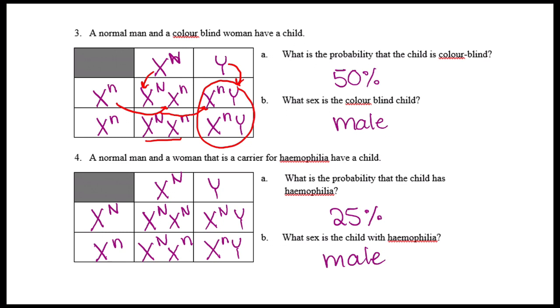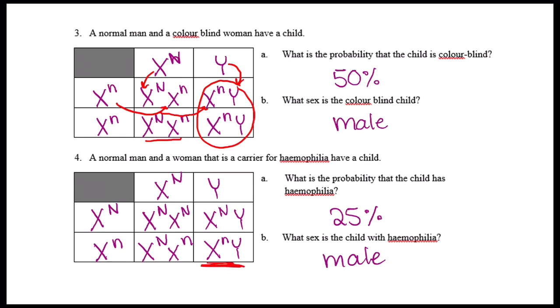A normal man and a woman that is a carrier for hemophilia have a child. What is the probability that the child has hemophilia? This is really similar to the first colorblind example, number 2 in the questions here.